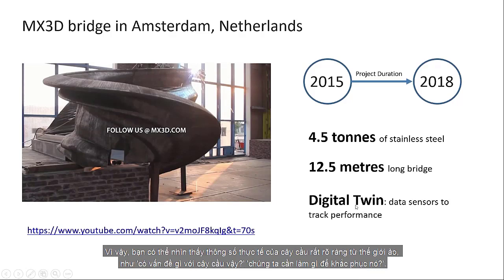So you could see very spontaneously the performance of the bridge, and you can see very clearly what is wrong with this bridge and what we need to fix. Yeah, it's very useful and a very innovative idea.